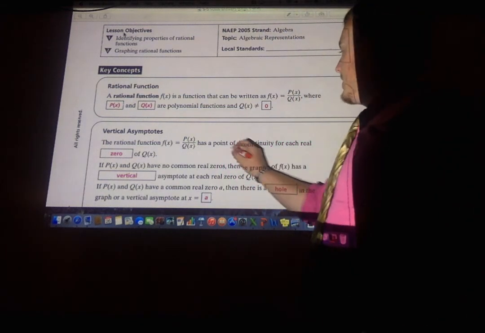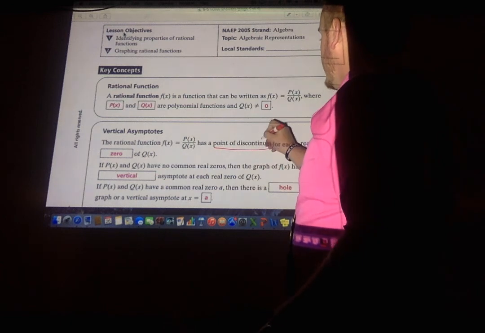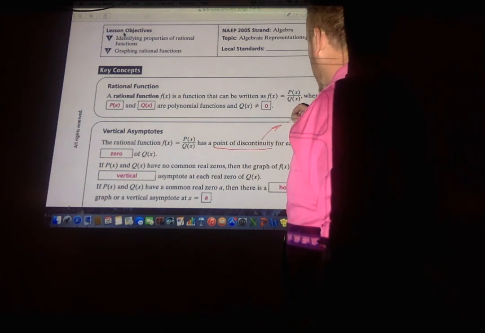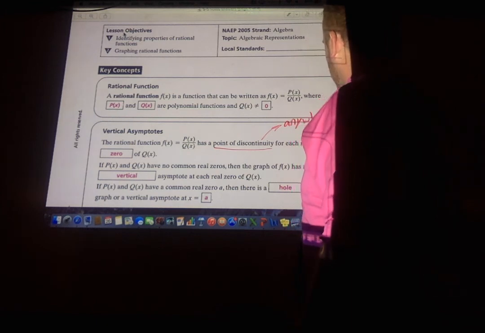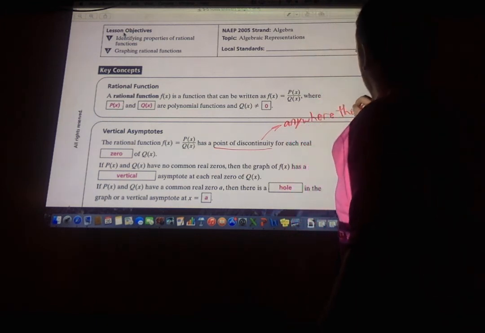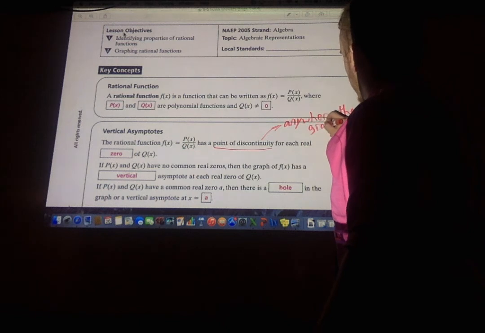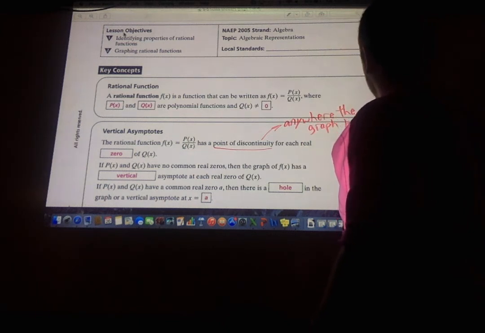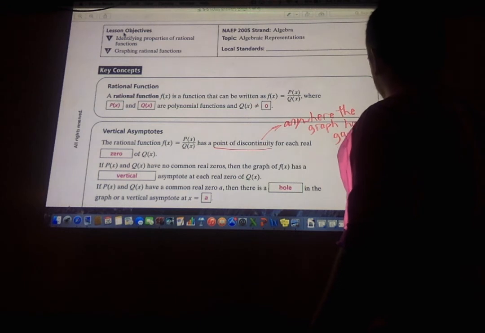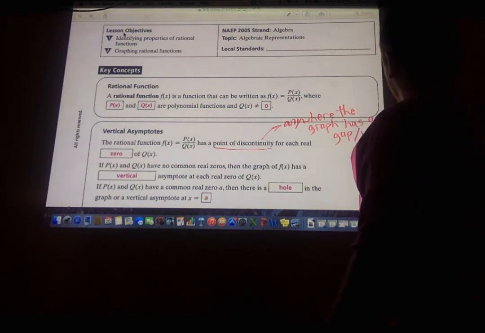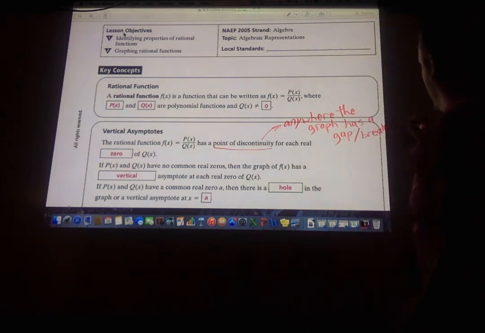Well, a point of discontinuity is anywhere the graph has a gap or a break or a hole. All of those fall in there.